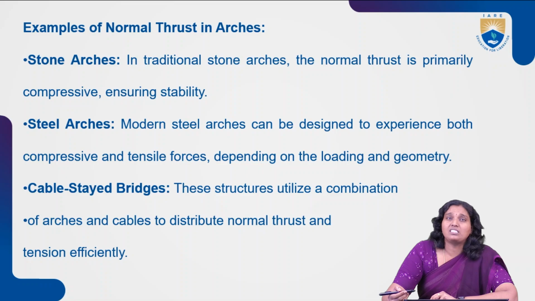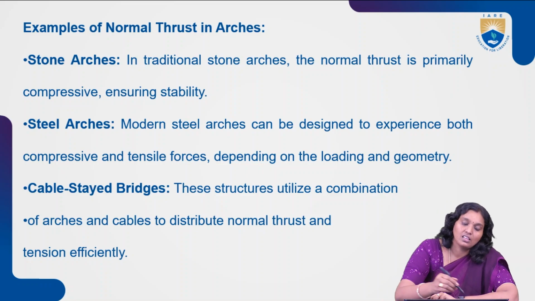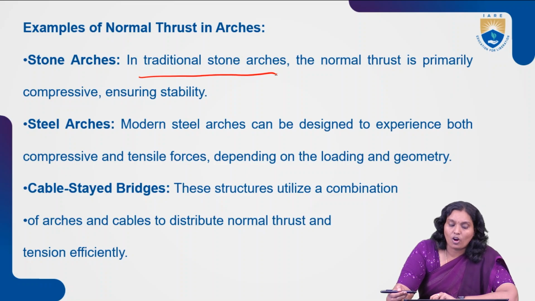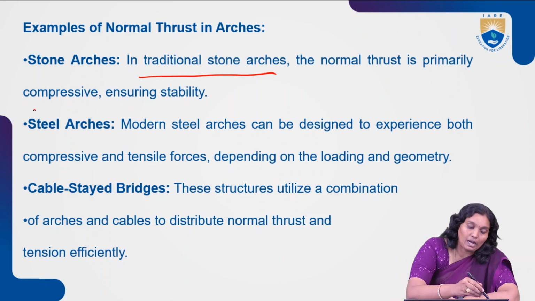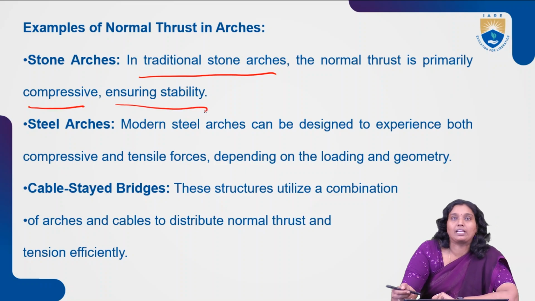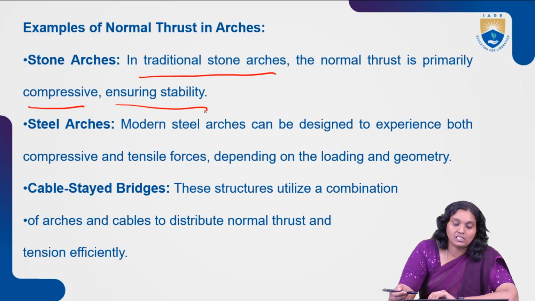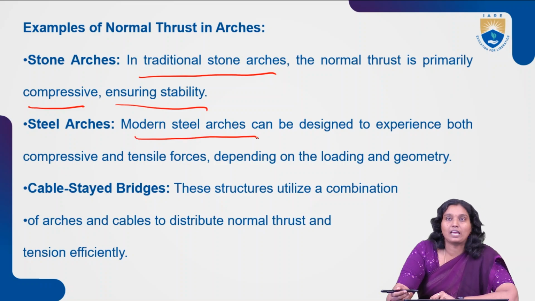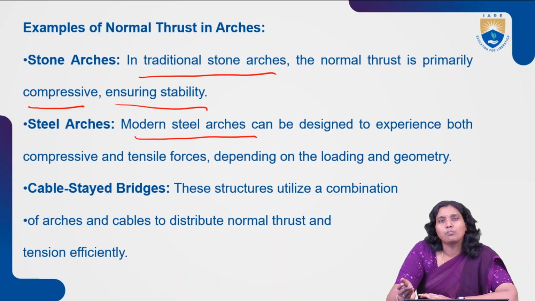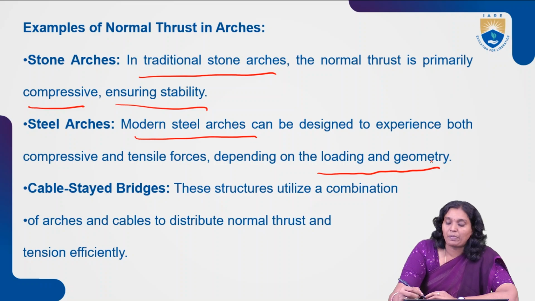Examples of normal thrust in arches. In traditional stone arches, the normal thrust is primarily compressive, ensuring stability. Modern steel arches can be designed to experience both compressive and tensile forces depending on the load, its shape and size.